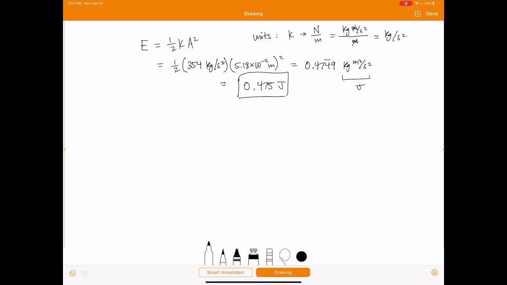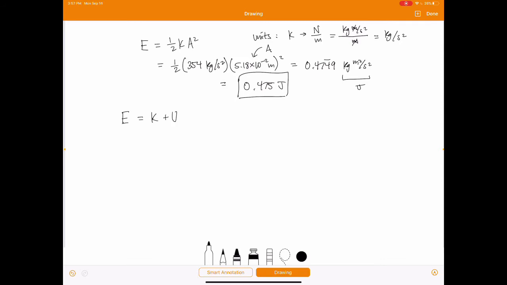Okay, next, we know the amplitude. So in other words, we know that the maximum displacement from equilibrium is 5.18 centimeters. But we also want to know for this follow-up what the maximum speed is. So here's how we'll do that. Remember, this energy is kinetic plus potential.